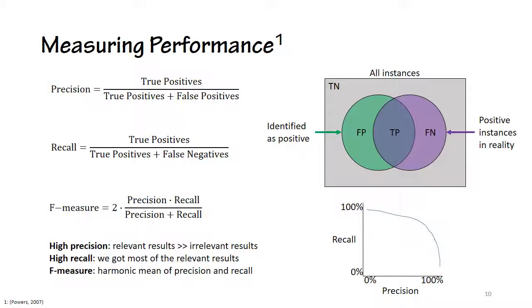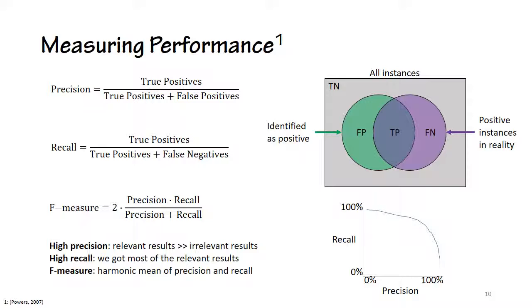Now, we need to measure performance with three very important measures that have been in the literature. We have precision, we have recall, and we have F measure. Precision is the ratio of true positives over the group of things that I identified as positives.